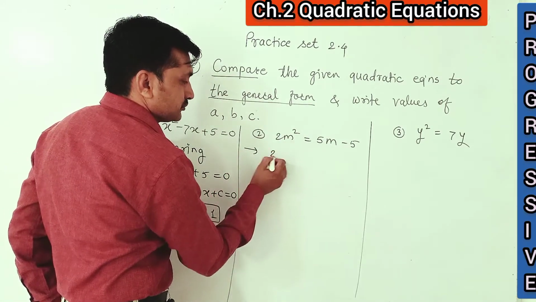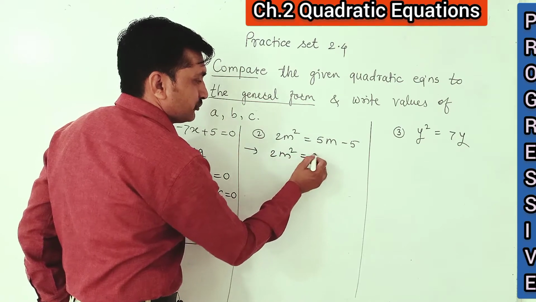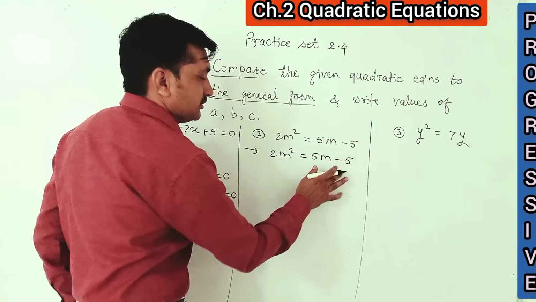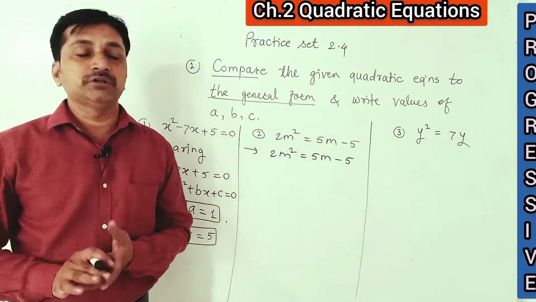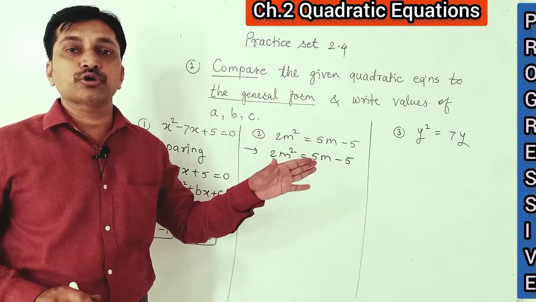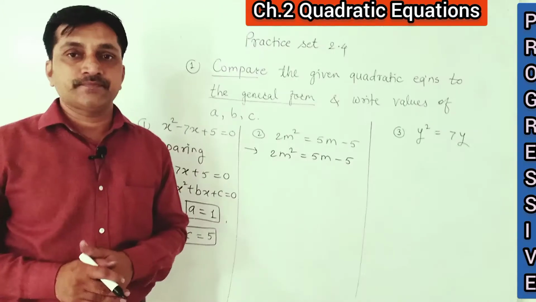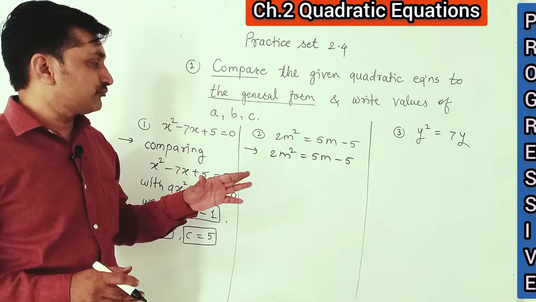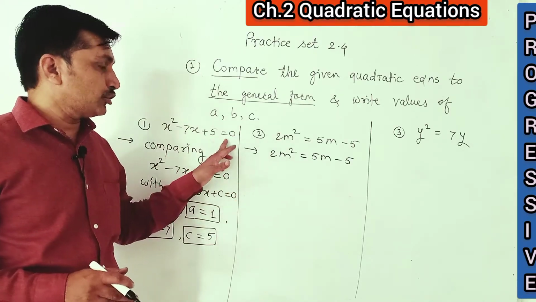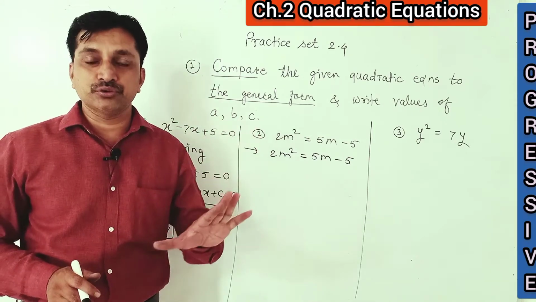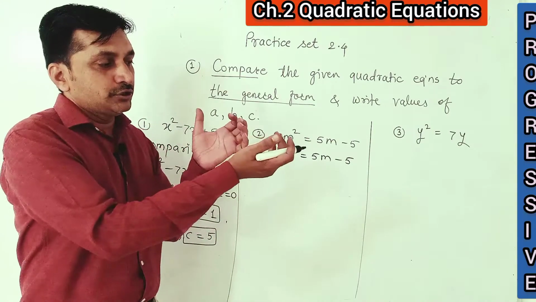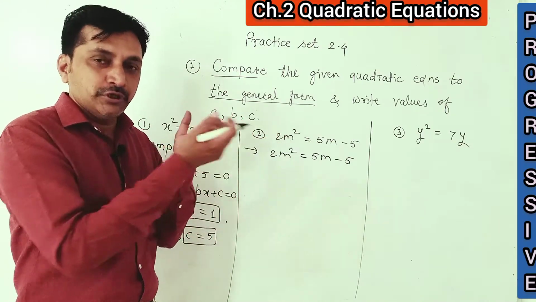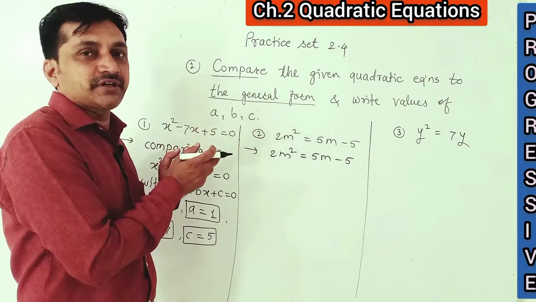2m square is equal to 5m minus 5. It is the given equation, but this equation is not in general form. In standard form we want it equal to 0 on the right side. If some terms are on the right side, you transfer them to the left side.